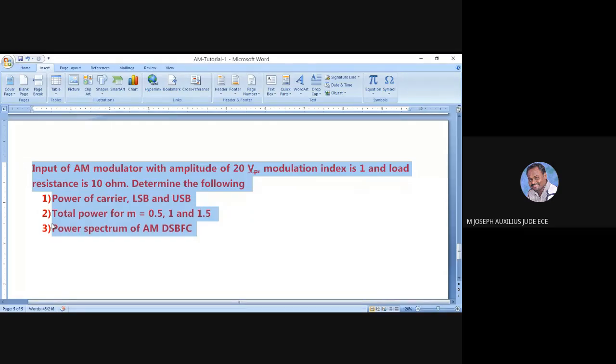Probably 27, 26, 25, I think so. Substitute in equations 27, 26, 25, and 24. We are going to substitute in the 4 formulas.